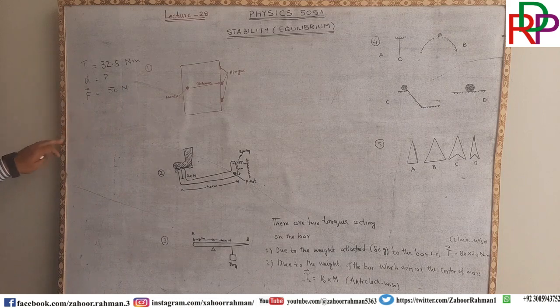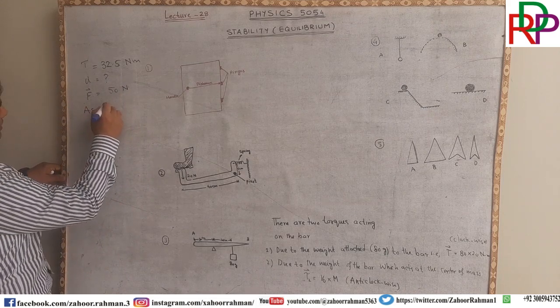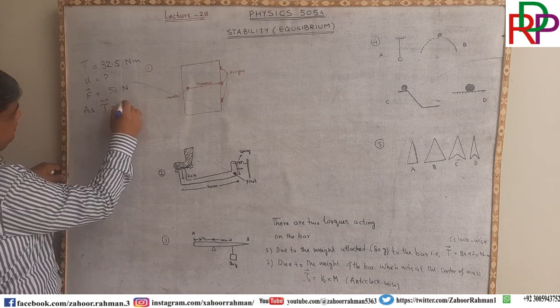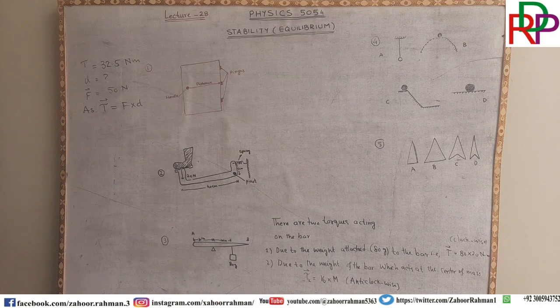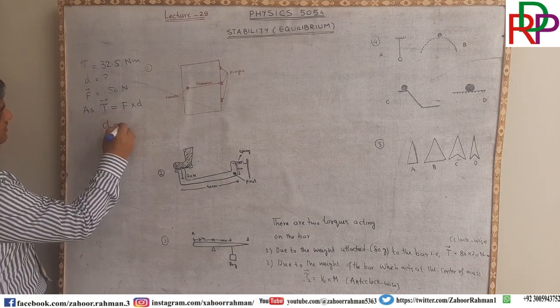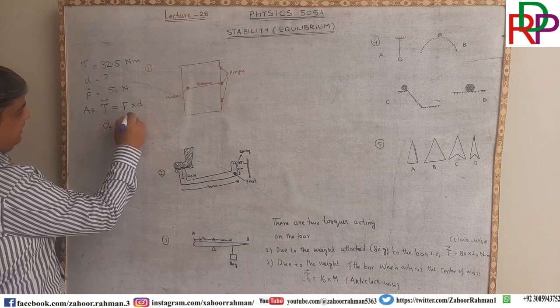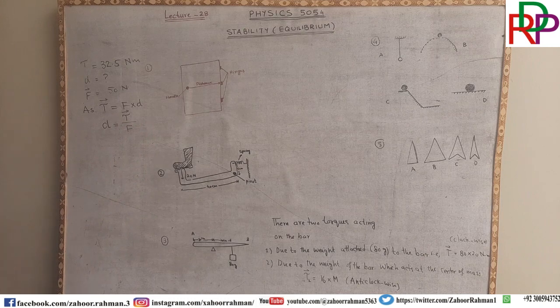Torque is equal to F cross D, so D will be the subject, torque divided by F.